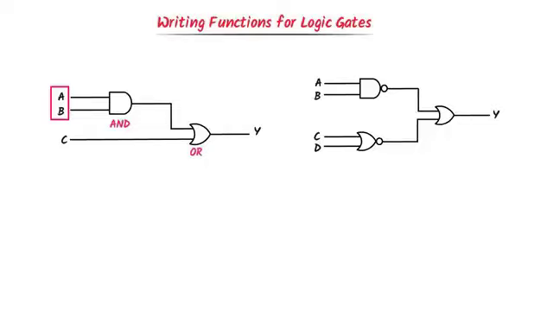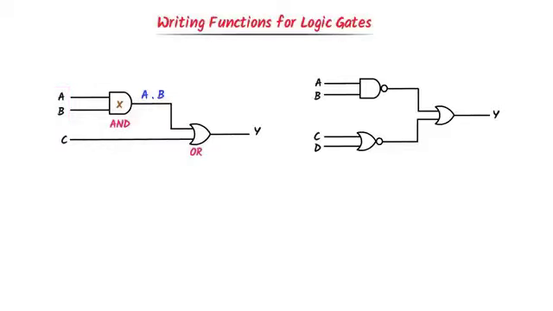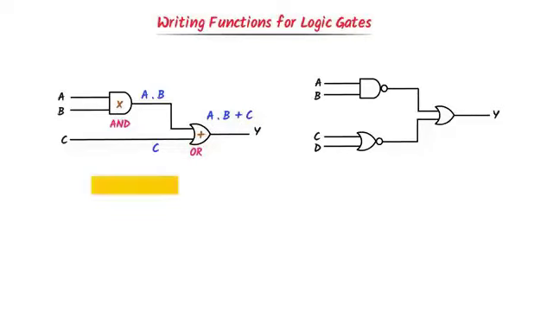We know that the AND gate will multiply the inputs. So we get A dot B as an output. Secondly, A dot B and this C is given as input to the OR gate. We know that the OR gate adds the inputs. It adds A dot B plus C. Hence we get Y equals A dot B plus C.